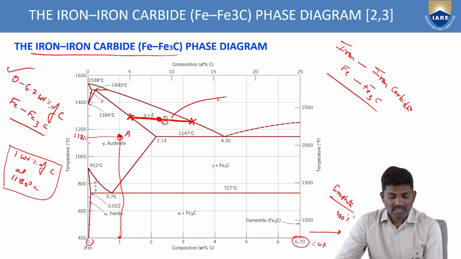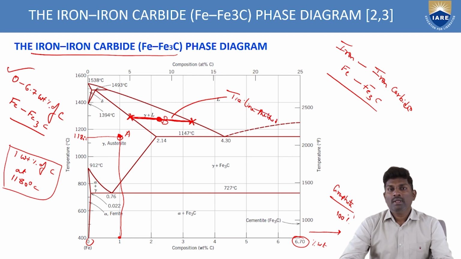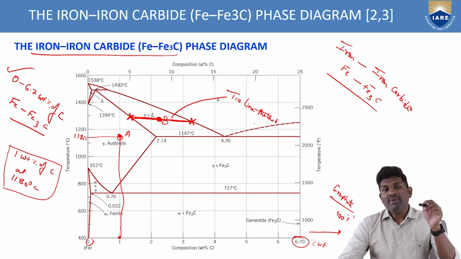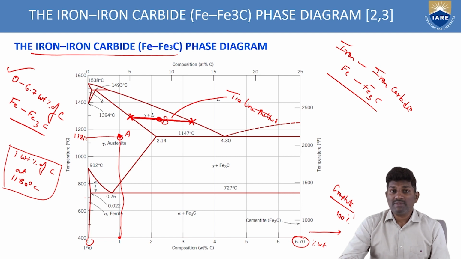That's why it is called the tie line method. We are tying a line between the two phases, and we are trying to find out what the compositions as well as the temperatures are.